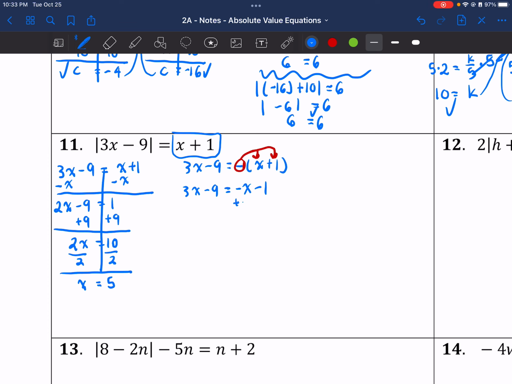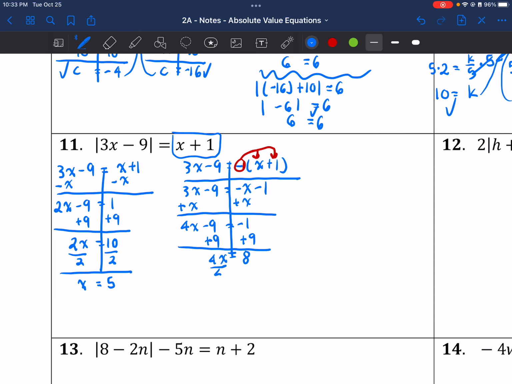We're going to add x to both sides. 3x plus x gives me 4x. So you get 4x minus 9 is equal to negative 1. Add 9 to both sides. Negative 1 plus 9 is equal to 8. So you have 4x is equal to 8. Divide both sides by 4 to isolate our variable. So we get x is equal to 2.